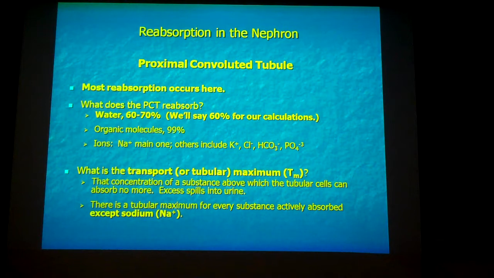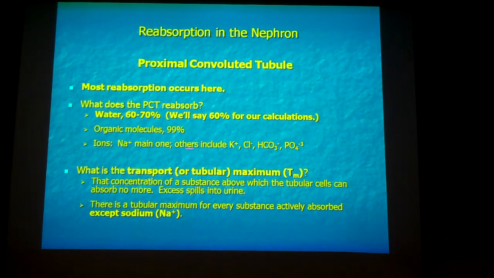So for purposes of our calculation, we're going to say that 60% of the water is reabsorbed in the proximal convoluted tubule. All right. What else do we reabsorb? Organic molecules and various ions. So you see that the proximal convoluted tubule is basically reabsorbing virtually all of the nutrients and by far most of the water.